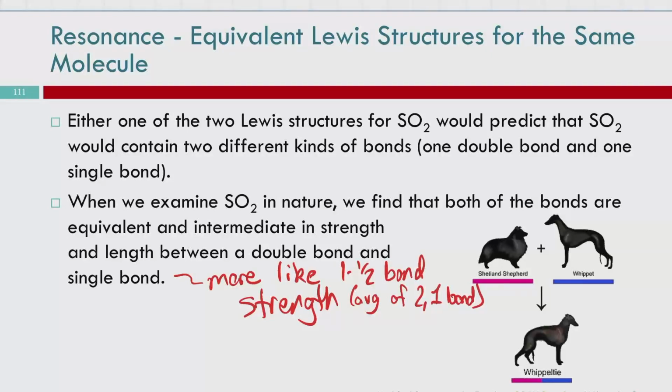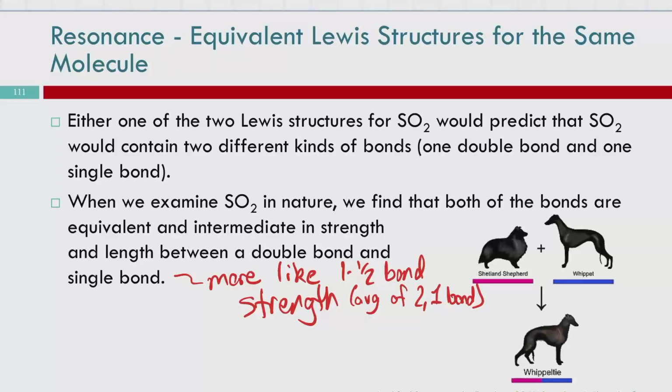And so this is sort of like with cats. If you take two different breeds of cats, you breed them together, the cat that they produce and that you get out will be some sort of hybrid of the two cats, meow, that you put in. So that's resonance.